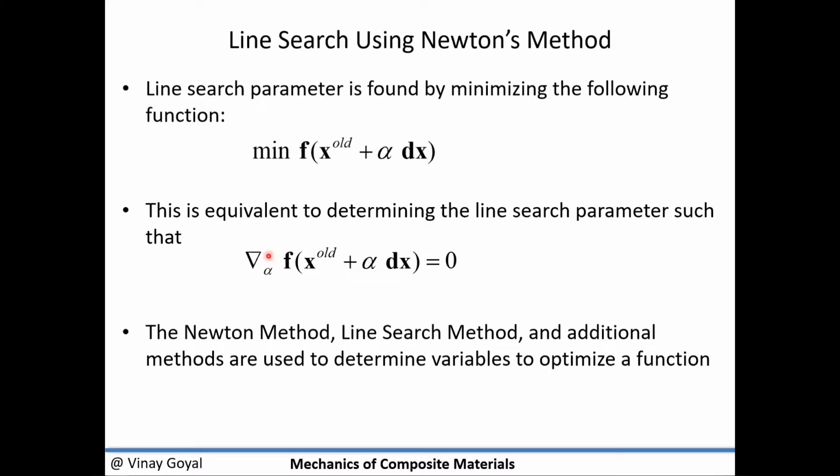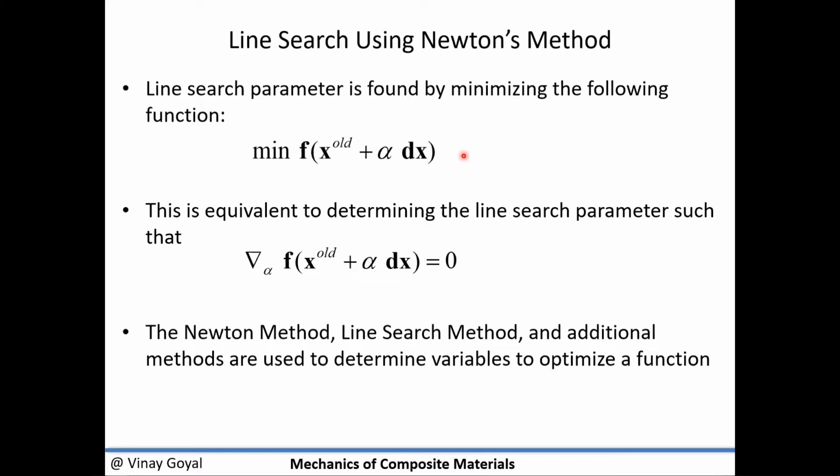Now note that this is not very different from when you, in calculus, were given a function, say the function was 4 plus x squared equals 0, and I want to find out where the minimum occurs. You will then take the derivative of f with respect to x, and you get 2x, and 2x equals 0, so the minimum occurs at x equals 0.